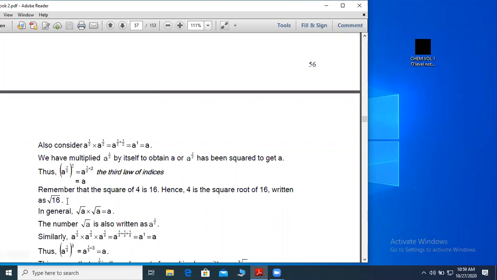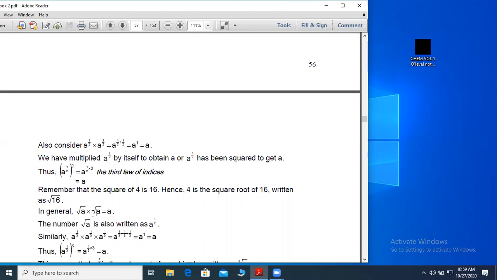So in general, root of a times root of a is equal to a. I think you agree with that. Square root of a times square root of a will be the same as square root of a squared, and the squared will cancel with the square root.